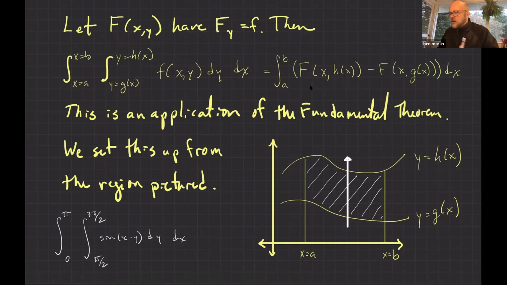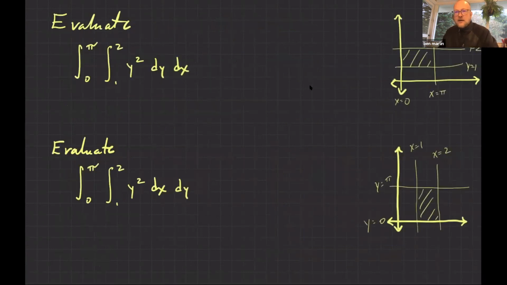All right, so let's see an example or two of what you'll have to do in the homework. So I'm going to take a look here at evaluating this one, all right? And I went ahead and drew the picture here, and because it says y squared dy, that means that the arrow is going in the direction of increasing y values, and it went from y equals 1 to y equals 2.